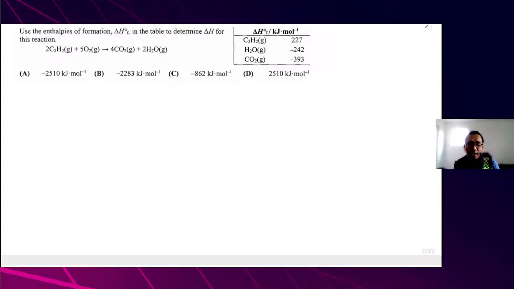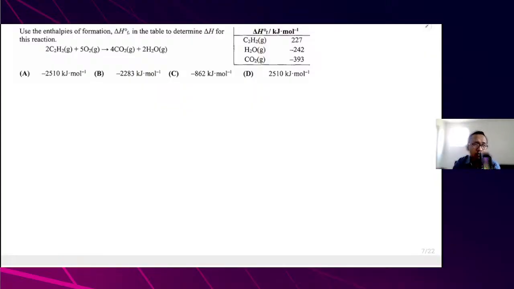To multiply or divide, do the same with delta H. If we want to do multiplication, we multiply delta H. And if we add reactions, we also need to add their delta H values. Then carefully cancel species to match the target reaction.